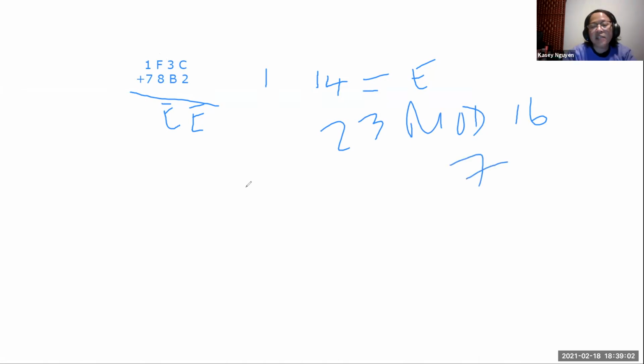Because if I take 23 divided by 16, that's a quotient of 1. And if I take that, subtract, that gives me 7. Okay? So we have 7 here with the carry. So I take that 1 that's carry, 1 plus 1 plus 7 is 9.